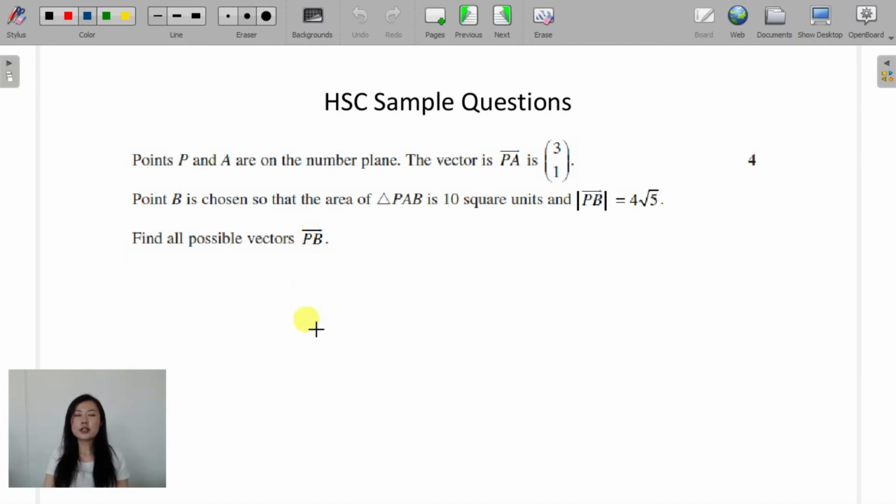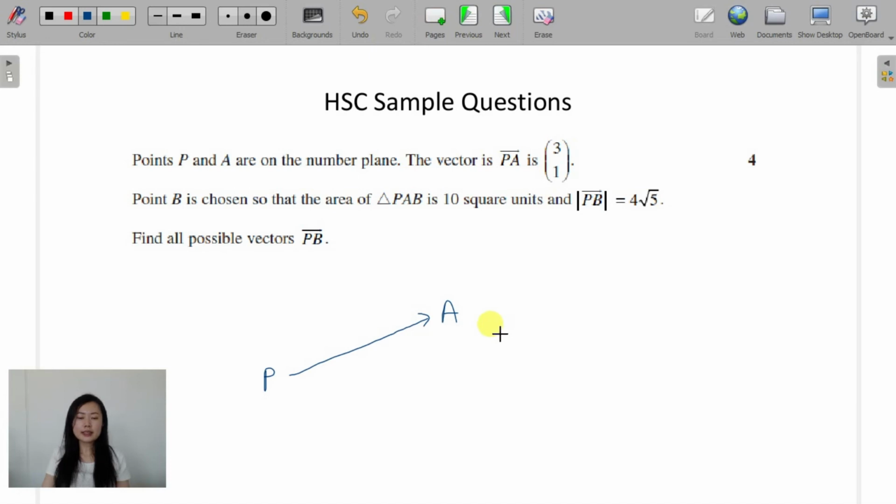Okay, so I need to help you visualize this first. I'm just going to roughly draw what (3, 1) will look like. If I was to plot it, it just literally means 3 across, 1 high. That's my PA.